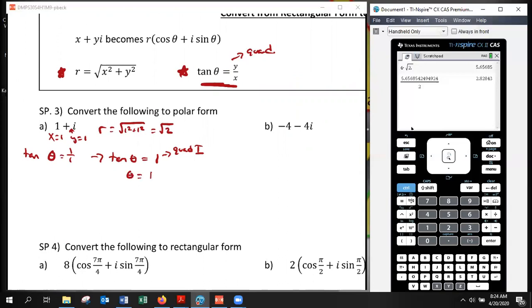So what is the inverse tangent of 1 in quadrant 1? That would be pi over 4. So we can write 1 plus i in the form of r, which is the square root of 2, times cosine of pi over 4 plus i sine of pi over 4.